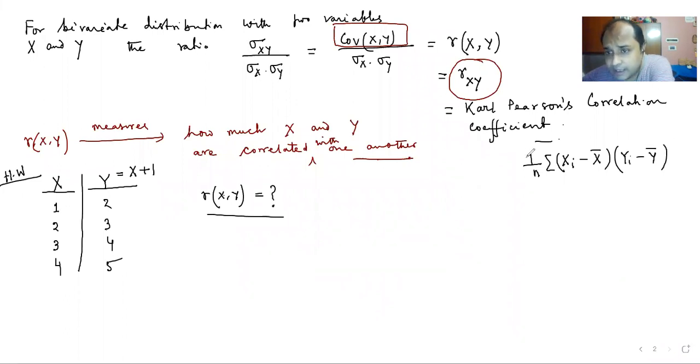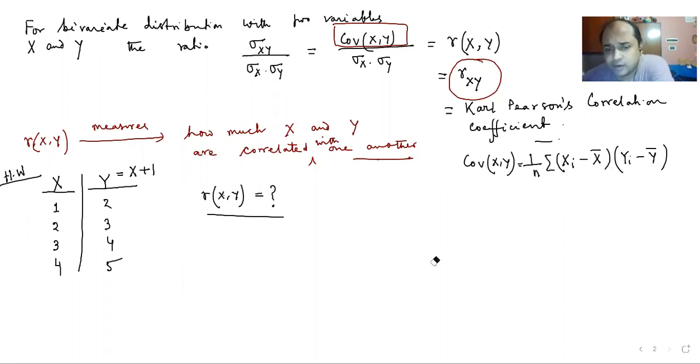Frequency term will not be there because frequencies are not given, and this will give you covariance xy. Or it is better you use this formula. The operational formula is only meant for expectation.